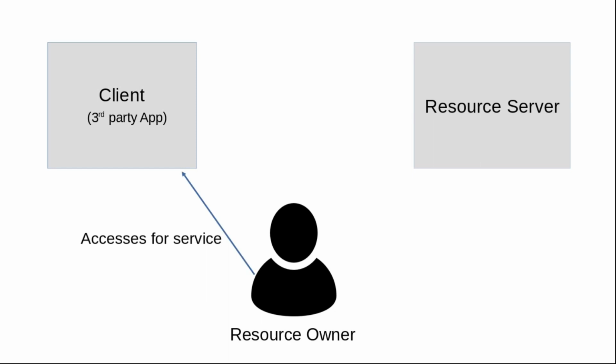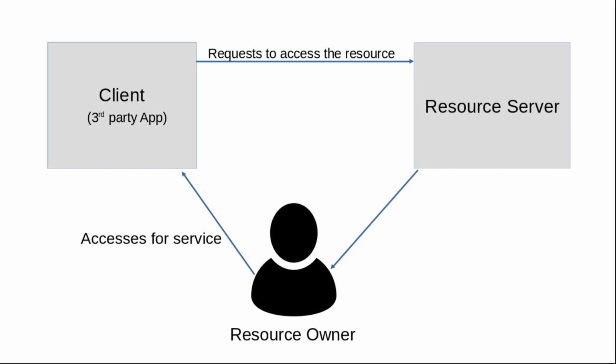For some services, this client application requires data from the resource server. So now the client application will request access from the resource server, and then the resource server will reach out to the user, the resource owner, and ask for authorization, saying that the third-party app is requesting access to your data.